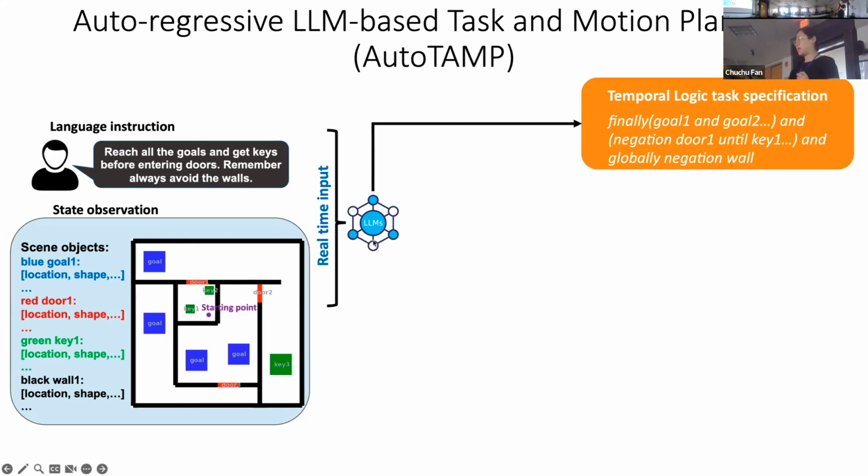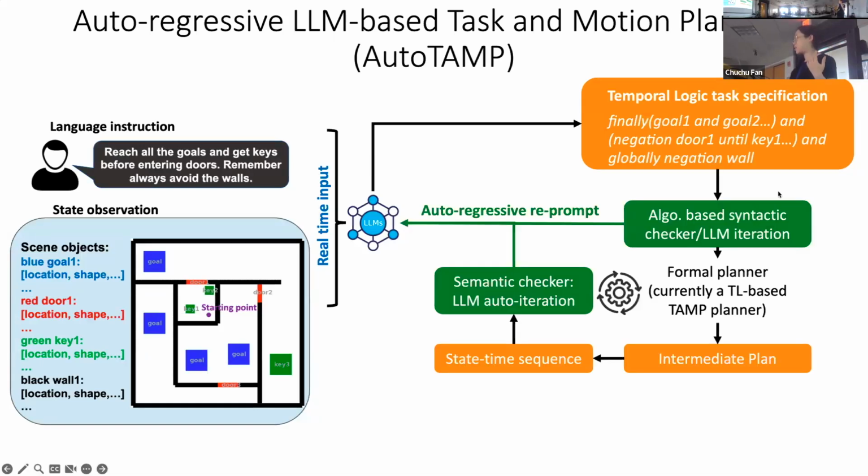How would we guarantee that the large language model will translate everything precisely? What if anything goes wrong? That is the main part of this framework. We actually have the autoregressive reprompting technology here. What we do is basically inserting two types of checkers. The first is a syntax checker to check whether the translated temporal logic is grammatically correct.